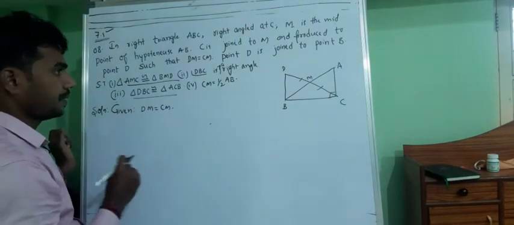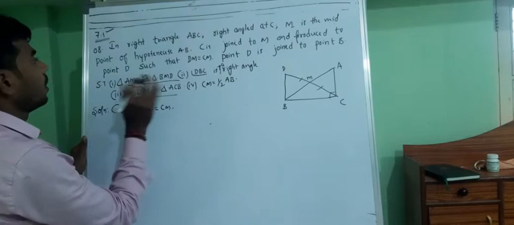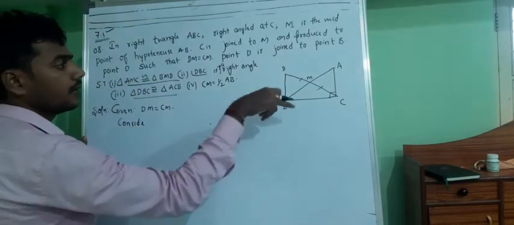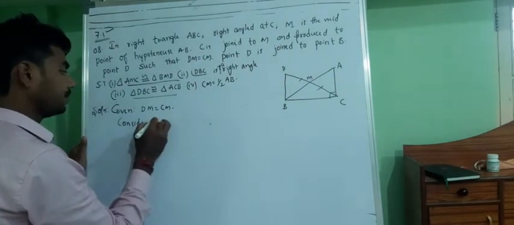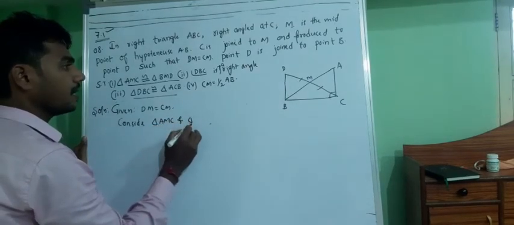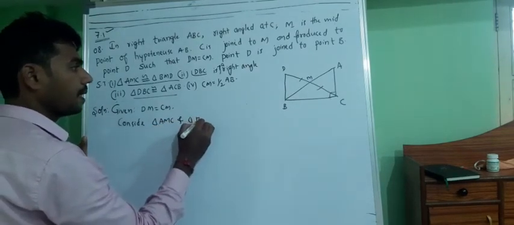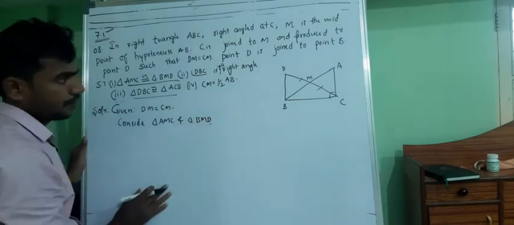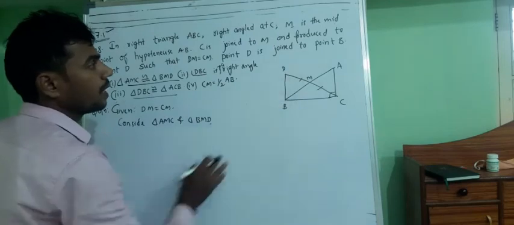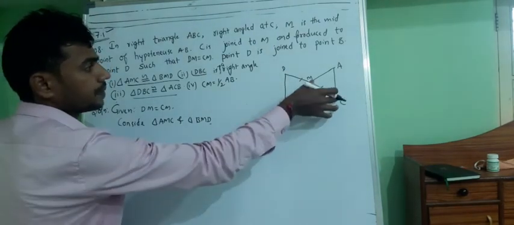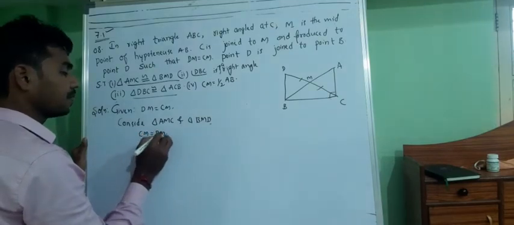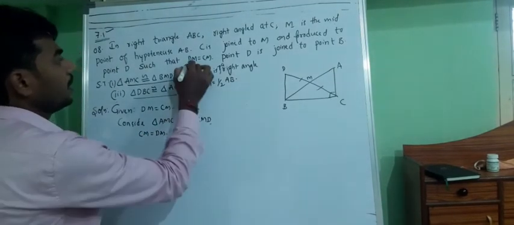Fine. Next, consider triangle AMC and triangle BMD. Now in this, what are equal? CM is equal to DM.